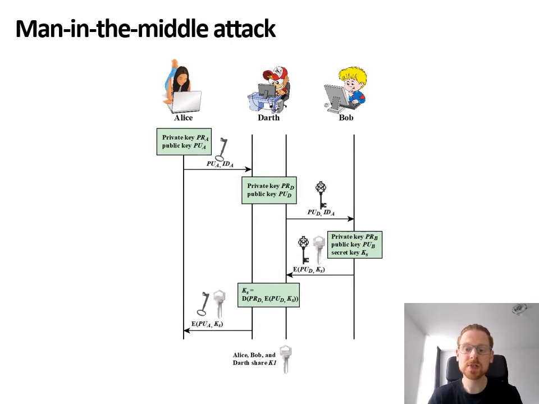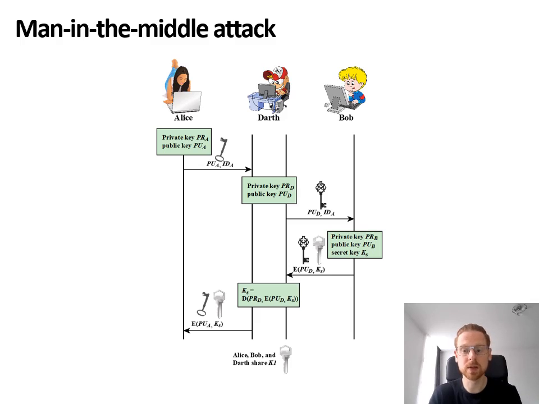Sadly, however, this very simple and elegant method is vulnerable to so-called man-in-the-middle attacks. And here you see how such an attack works. Let's assume Alice, A, and Bob, B, want to securely exchange a private session key.